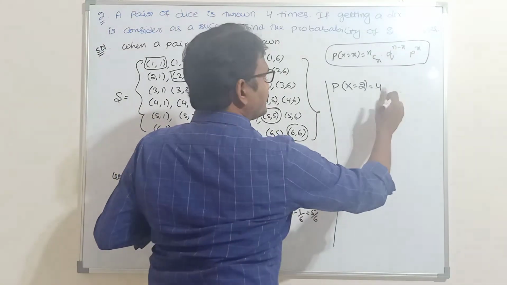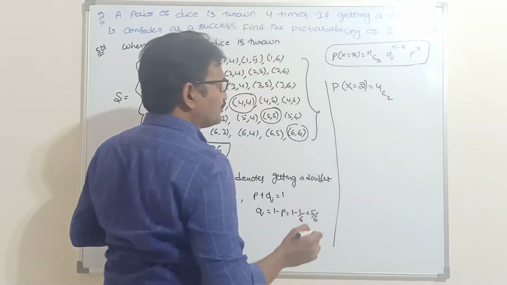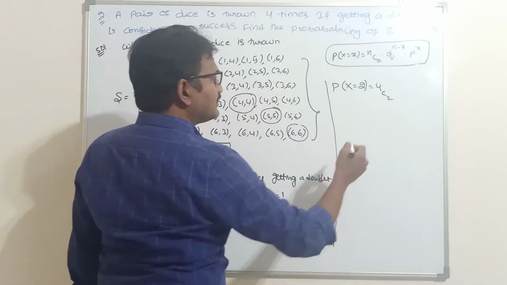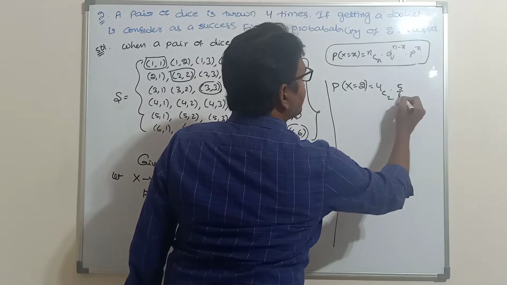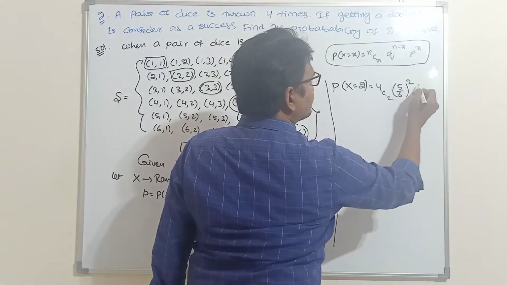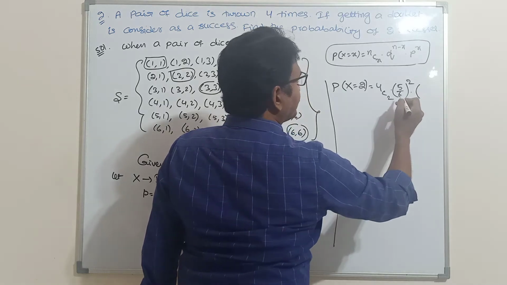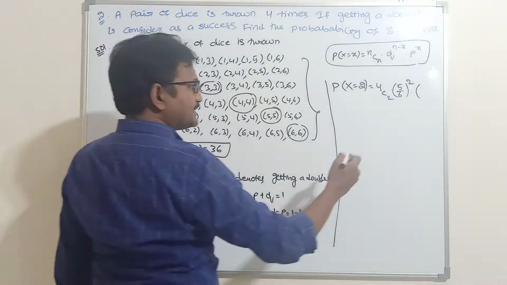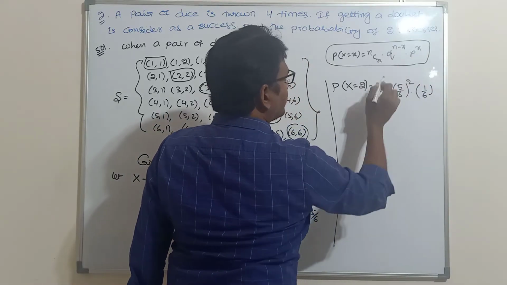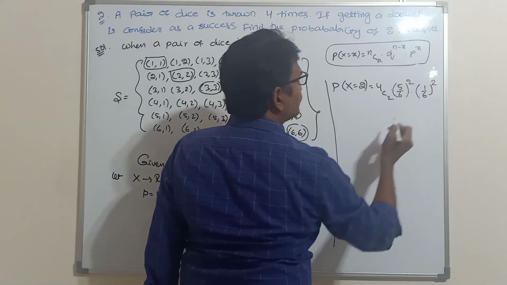So 4C2 into q value, 5 by 6, whole power n minus x, which is 4 minus 2, into p power x, where p value is 1 by 6, whole power x value 2.